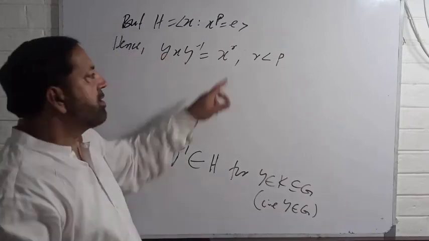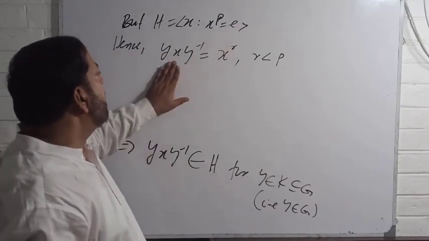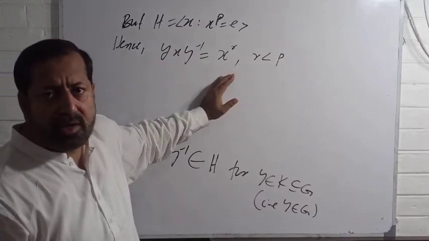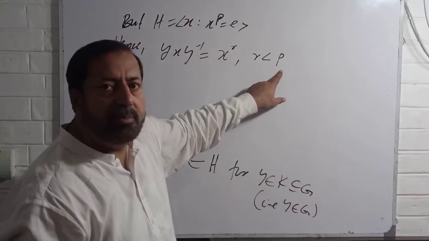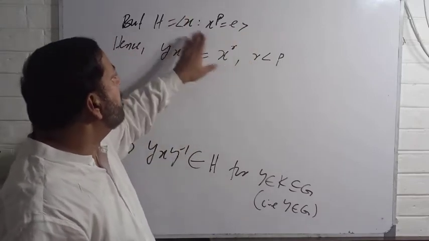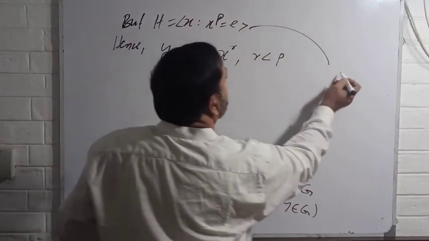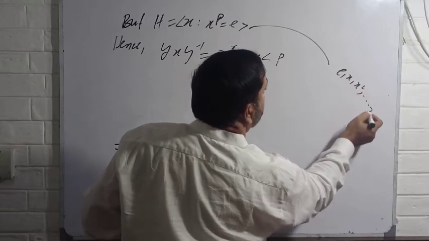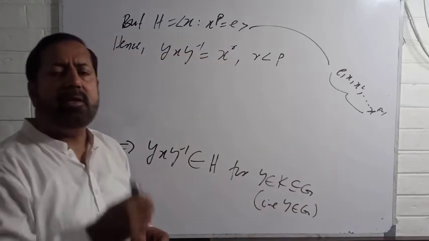If you take r equal to p, then x to the power p is the identity, and if this is the identity, then x is equal to e, which is not the case. That's why I am taking x to the power r with r less than p. Then you know that if this is a cyclic group, then e, x, x square, and so on up to x to the power p minus 1 are all distinct. These are the distinct elements.